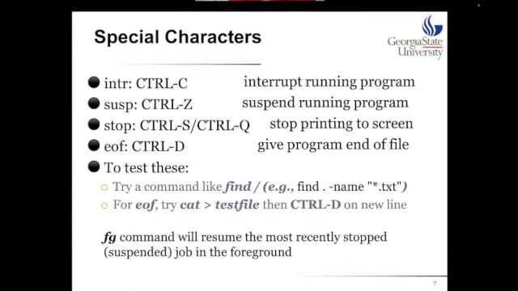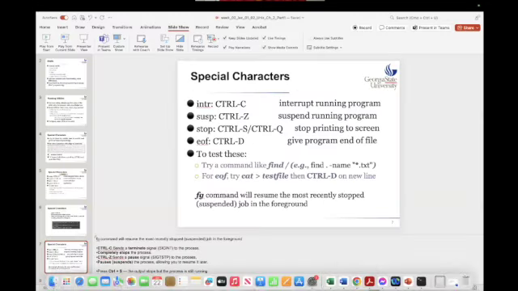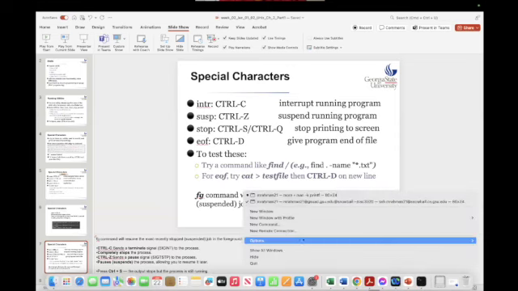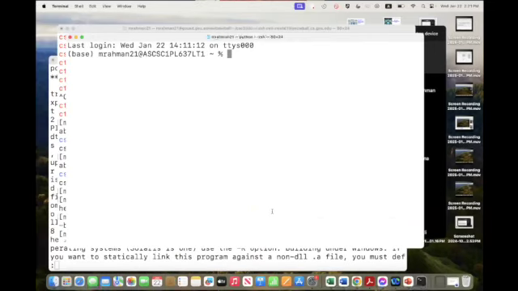Okay, so now we will learn about some special commands called Control C, Control Z, Control S, Control Q, Control D, right? Let's first start with Control C. I will run it from my local machine so that you can better see what's going on.